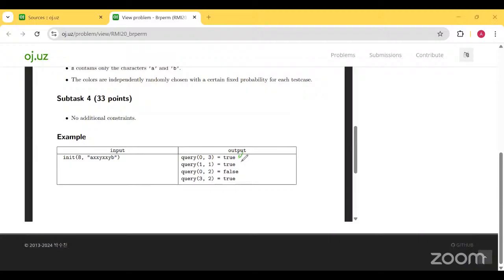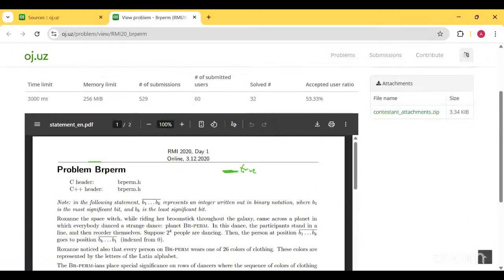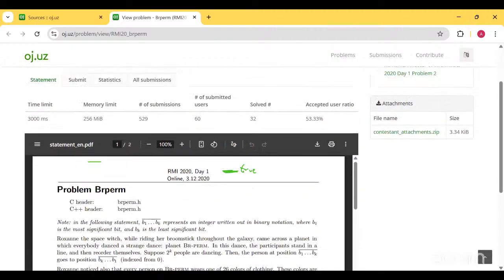For this, it is correct, correct, correct. How about this? 0, 1, 2, 3, 4, 5, 6, 7. Wait. 0, 2. Okay, yes, it should be true. All right, let's discuss further when we are discussing the second problem. Or maybe let's start discussing from the second problem before the others.